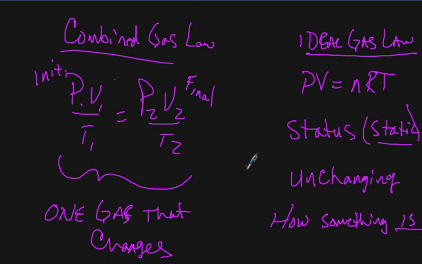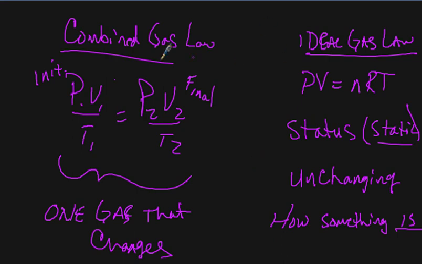So what I want you to ask yourself when you do your further homework and your assignments is whether you have the combined gas law or the ideal gas law, because that's the big bugaboo with these. The ideal gas law is when you're just talking about how the gas is, and the situation isn't changing. The combined gas law is when you have a gas that is going through a manipulation, where you're changing the pressure and you want to see what the volume and temperature come out to be, and you have starting positions and final positions.